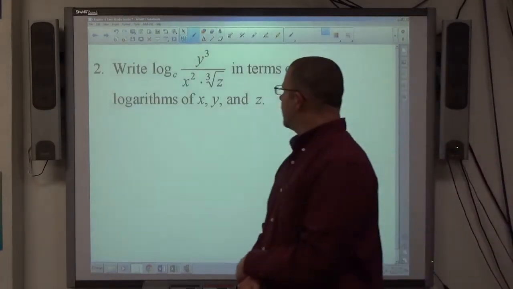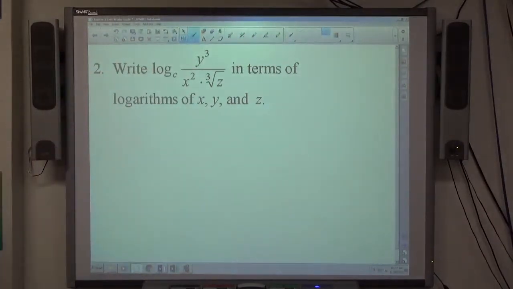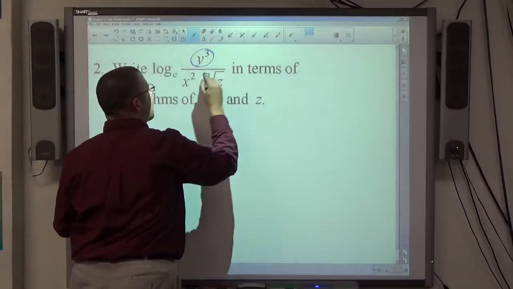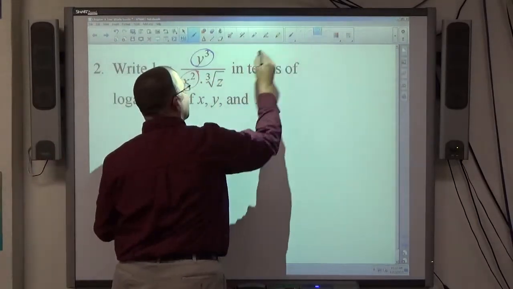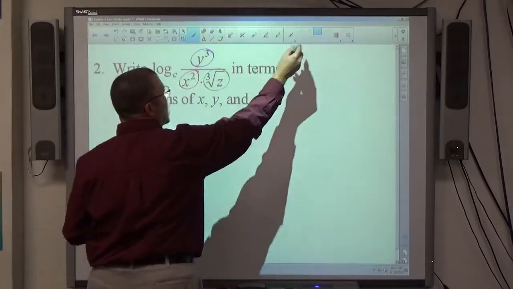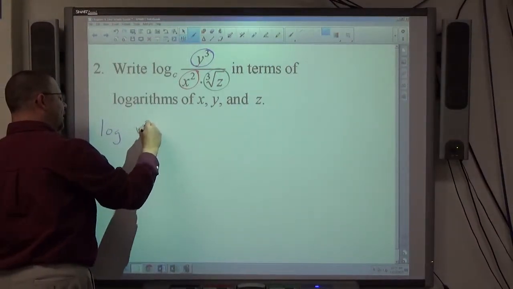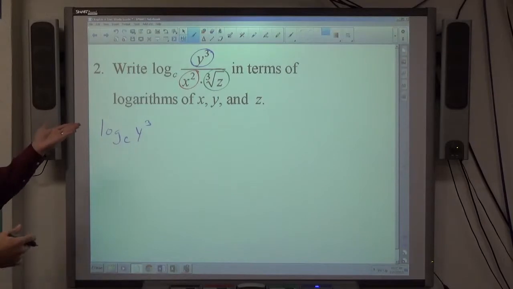Number 2, we're going to write log of y cubed over x squared times the cube root of z, base c, in terms of logs of x, y, and z. And this is just applying our laws of logarithms. The first thing I would do is split this apart. I've got y cubed on top, x squared on bottom, and cube root of z on the bottom. So I'd do log of y cubed base c. Every top object's positive.